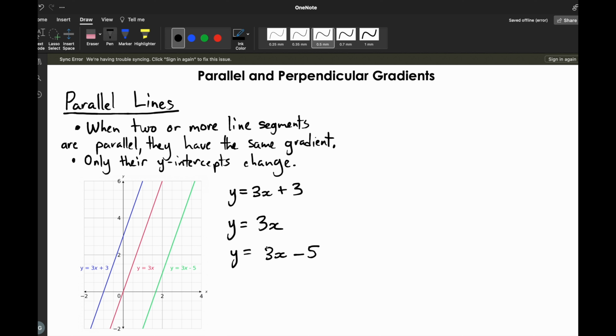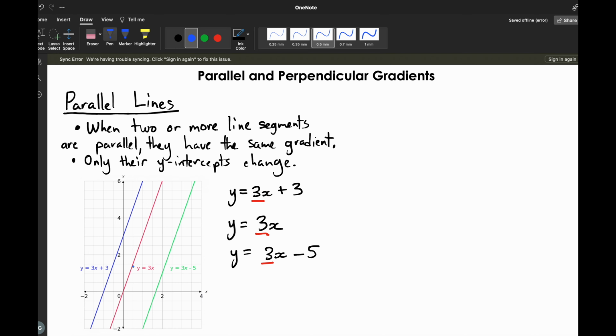What do you notice about all three equations? They all have 3x, because when y is the subject, 3 represents the gradient. If you look at this graph now, we have 3x plus 3 here.